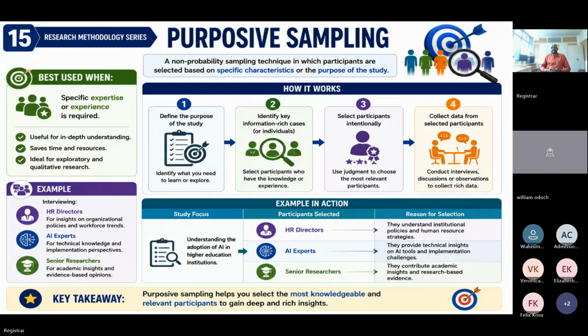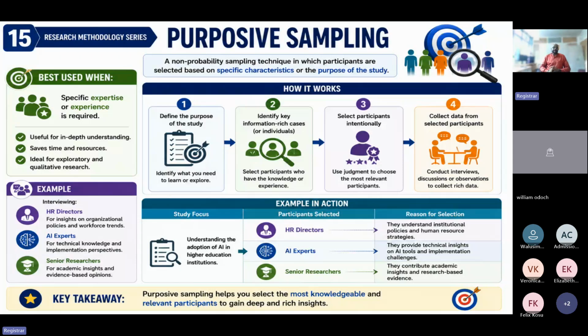HR directors really understand the institutional policies. AI experts understand the AI tools and techniques. Senior researchers can contribute insights. So you as a researcher decide whether to use purposive sampling. There should be a reason why you are using this specific sampling method.